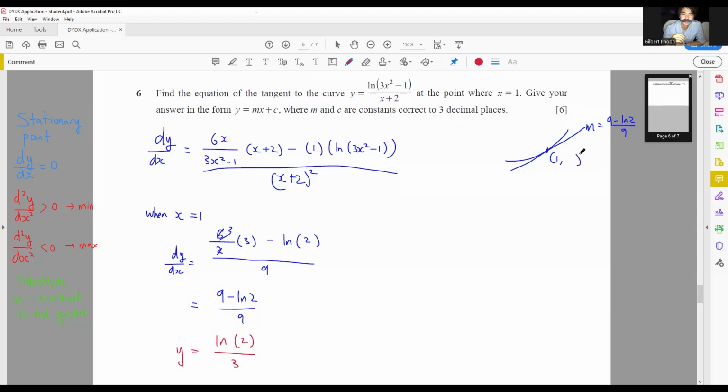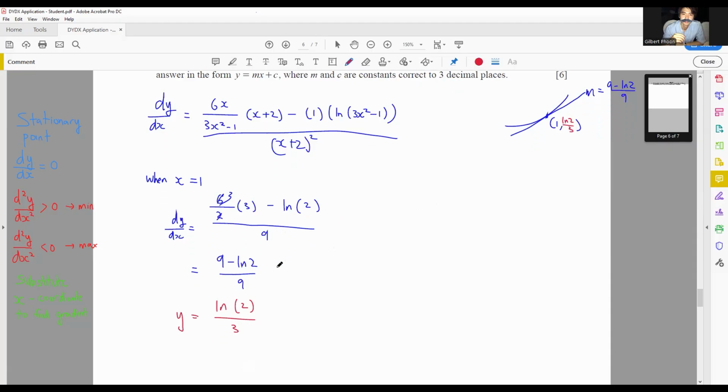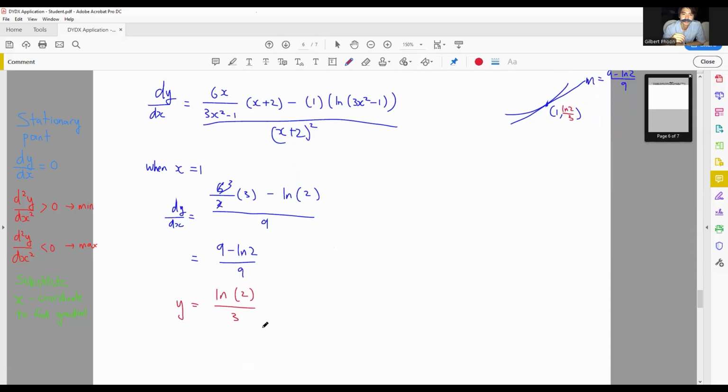So the y coordinate is ln 2 over 3. Now, from here, only we finally start substituting all the values in. y equals mx + c, right? ln 2 over 3 is equal to (9 − ln 2)/9 times x, which is 1, plus c.